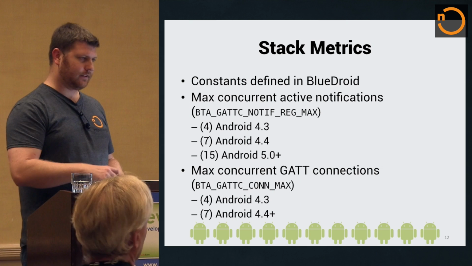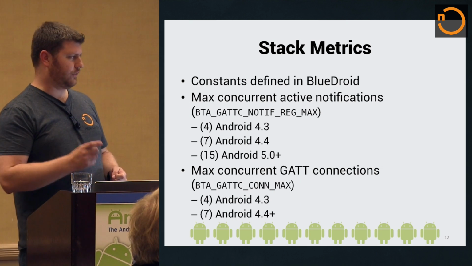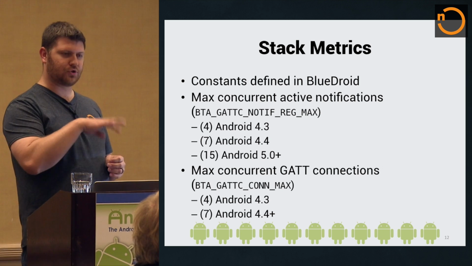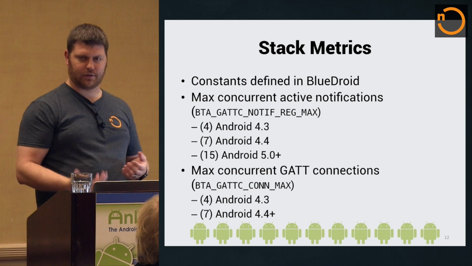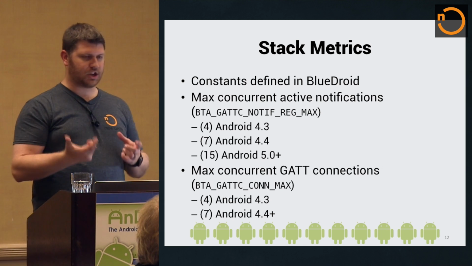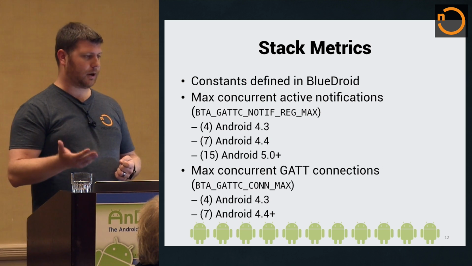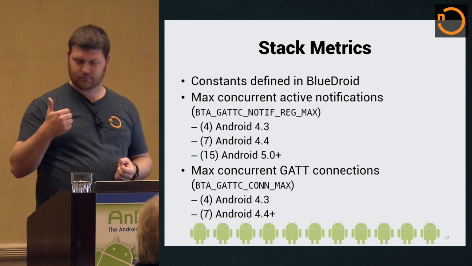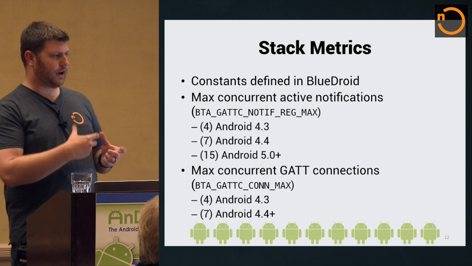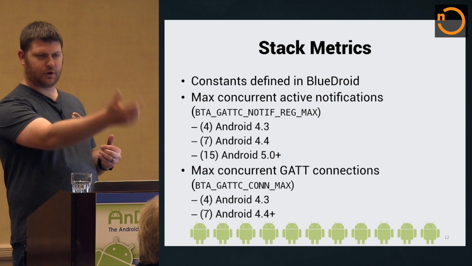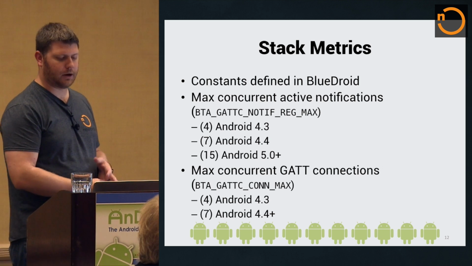As a client, you can only register for a maximum of 4 concurrent notifications. That means you can be subscribed to 4 different characteristics to be notified on for any given event. That number was 4 in Jelly Bean, it was increased to 7 in KitKat, and as of the Lollipop release, they bumped it up to 15. So depending on which Android version you're running on, your device may fail to subscribe for a notification if you've already hit that limit. Just something to keep in mind.